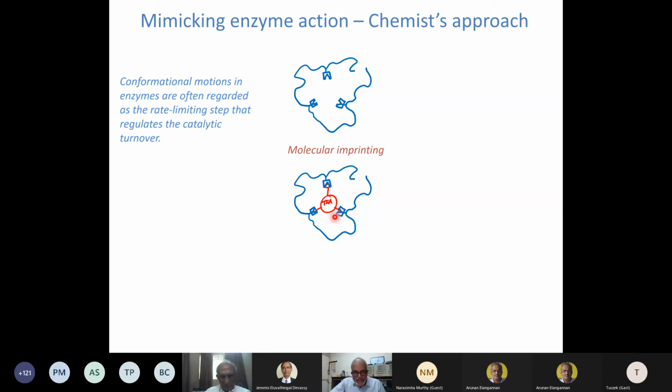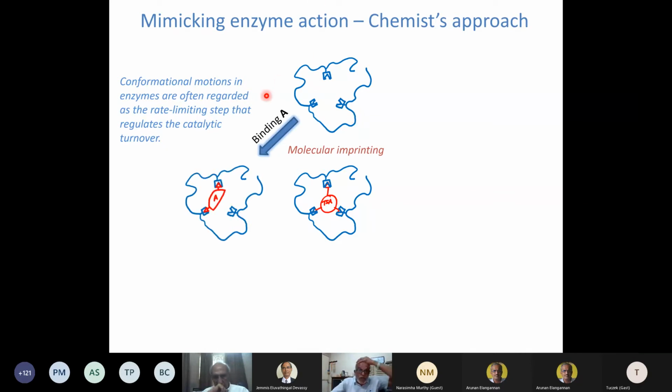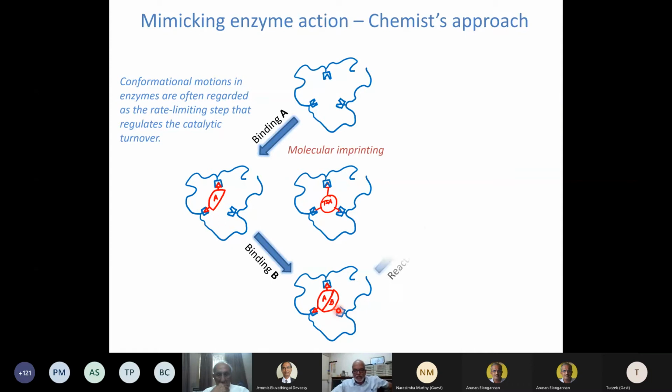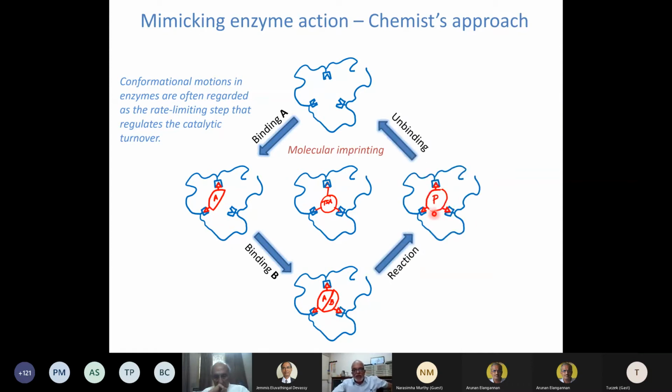They construct these binding units around a transition state analog, and then remove the transition state analog so that the positions of these binding units for the analytes is fixed by some mechanism. And the idea is then you come up with the two entities that are going to bind with this. Let's say this is a reactant A, and then there's a reactant B that comes and binds. And now, of course, they are positioned appropriately for the reaction to happen, and you generate a product.